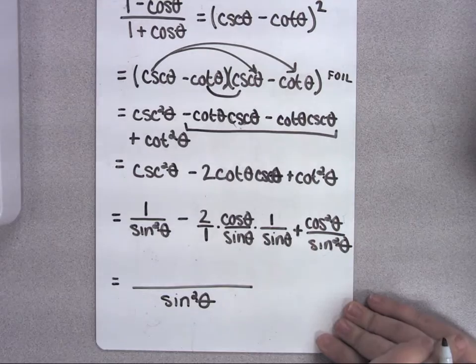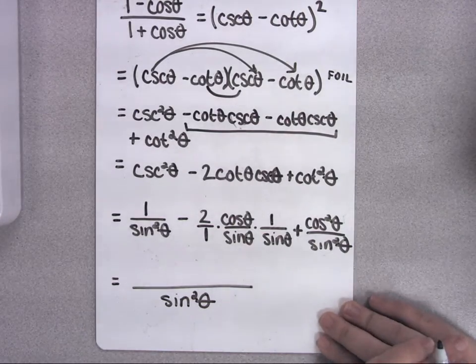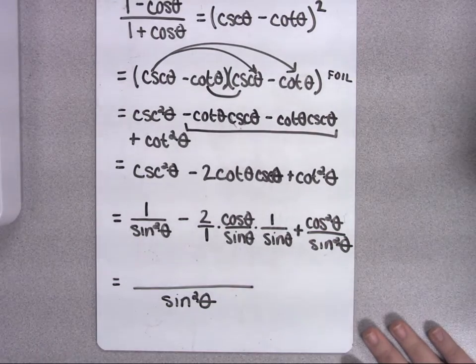And on the top, what are you going to write? 2 minus cosine cubed. No, wait. No, but there's 1.